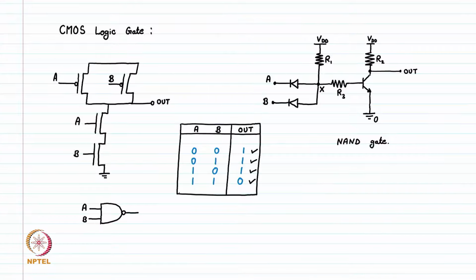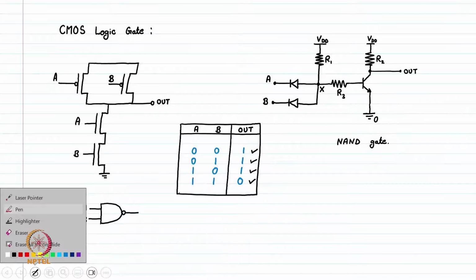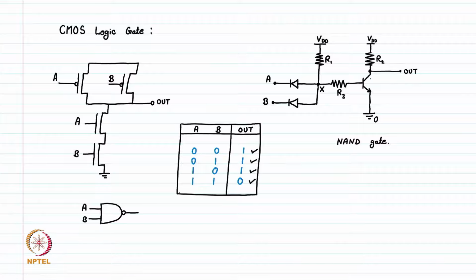When this BJT is turned on, it is not like the BJT has 0 resistance between the collector and emitter. It has a certain resistance. Let's write it with a different color. We have a small on-resistance of this BJT.